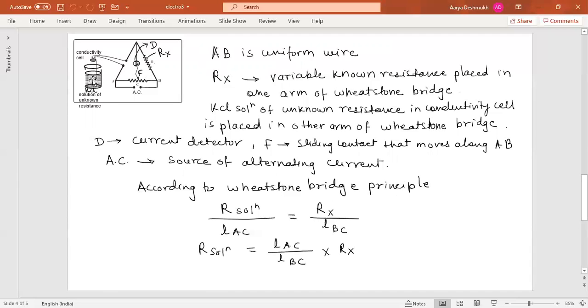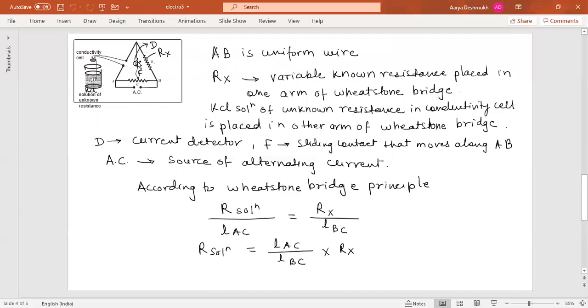This is the KCl solution of the unknown resistance in the conductivity cell. It is placed in the other arm. Okay. And it is connected with the alternating current. That is the source of the alternating current, that is AC, where this D is the current detector.